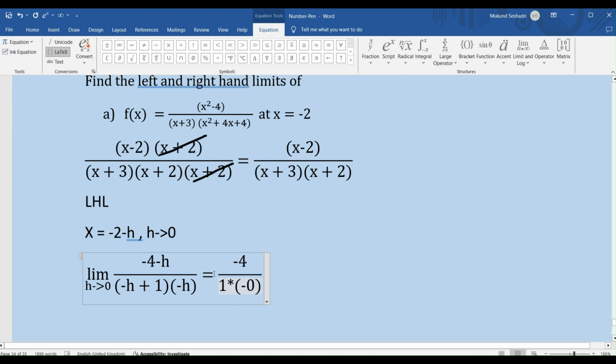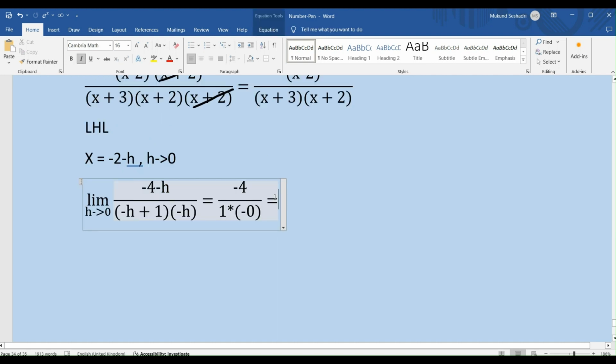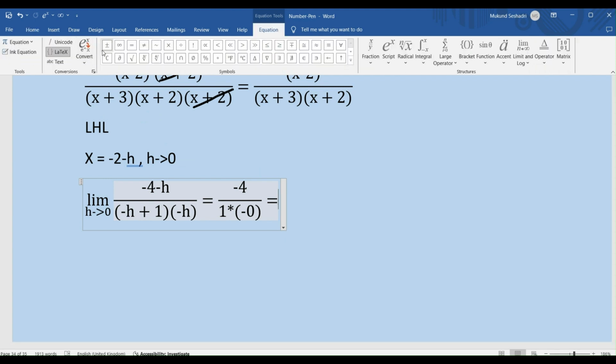And what happens to the negative sign in the numerator and the denominator? It gets cancelled. So we have, that's a positive infinity, right? So let me write this out. That's a positive infinity.